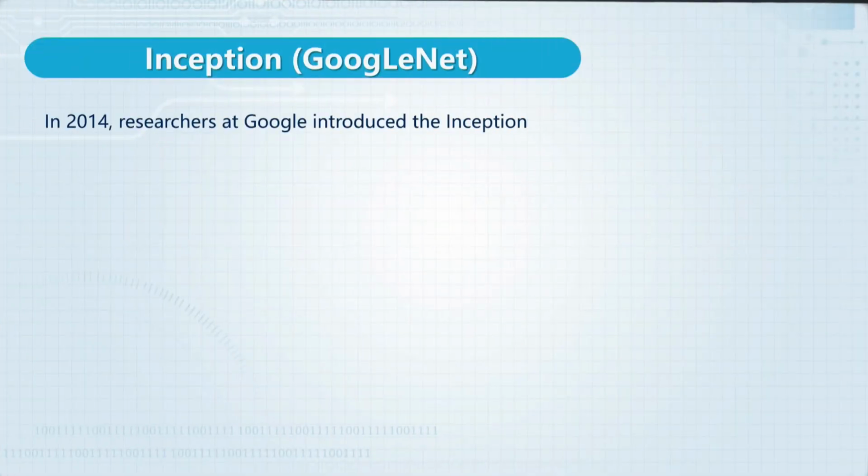In 2014, researchers at Google introduced the Inception network, which took first place in the 2014 ImageNet competition for classification and detection challenges. It is known as the Inception model because of the Inception module present in the architecture.